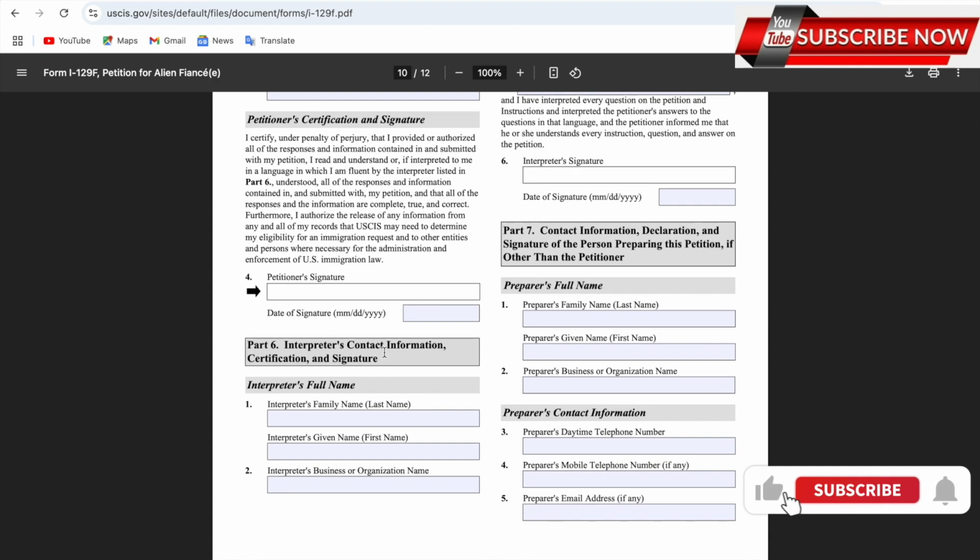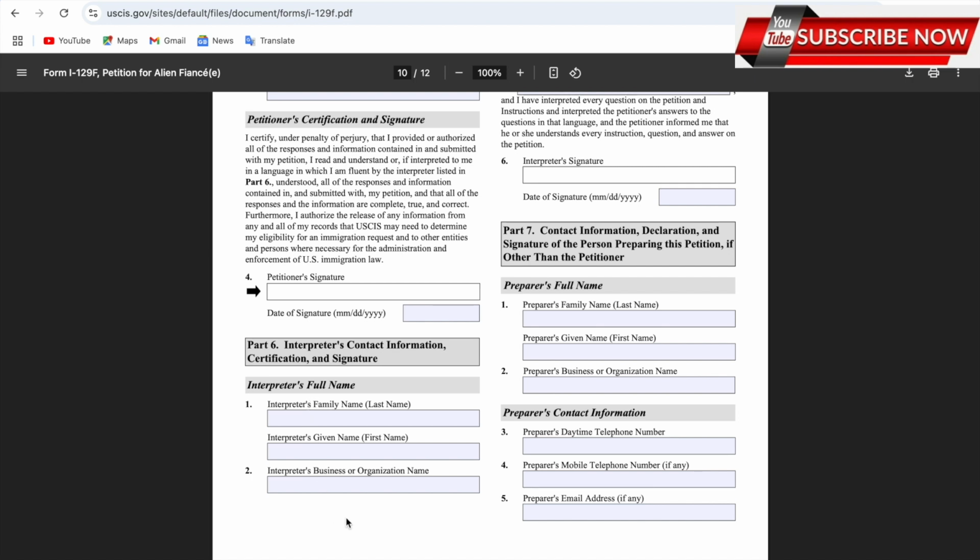And it says, did you get any interpreter? If you, the petitioner, fill it out yourself, you don't have to worry about the interpreter. But maybe you don't understand English, so an interpreter was the one that translated the English into whatever language you understand.